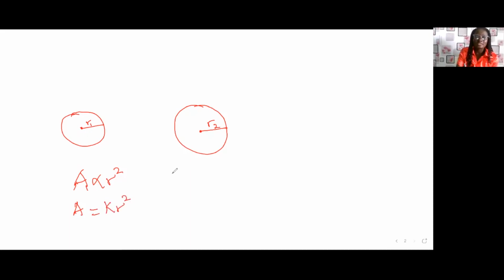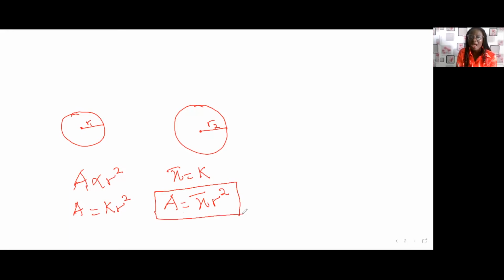Good. Then you know that pi is constant. So we are substituting this into this equation to give us A is equal to pi r squared. This is a formula to use when we are finding the area of a circle, where r is our radius and A is the area. I believe you are enjoying the class and you are learning a lot. Let's move to the next proof.